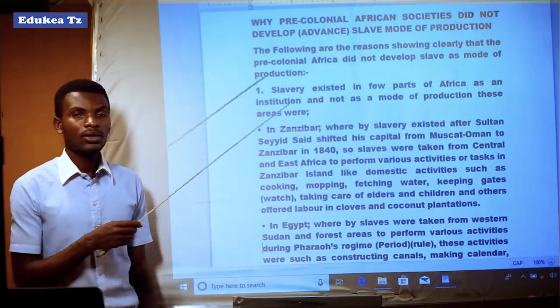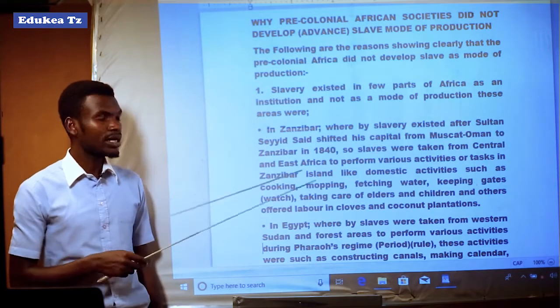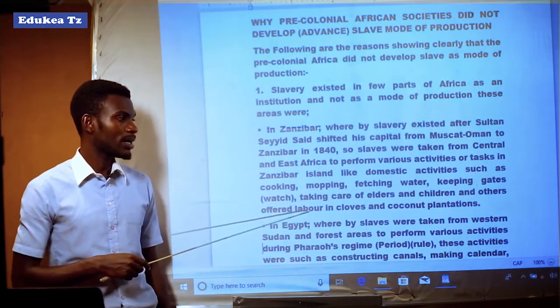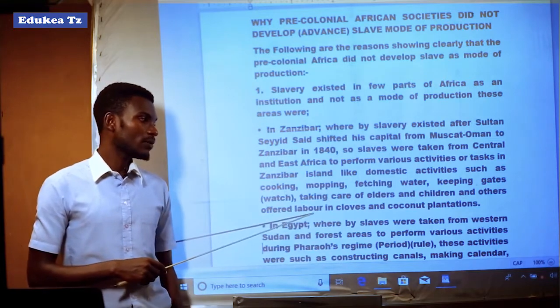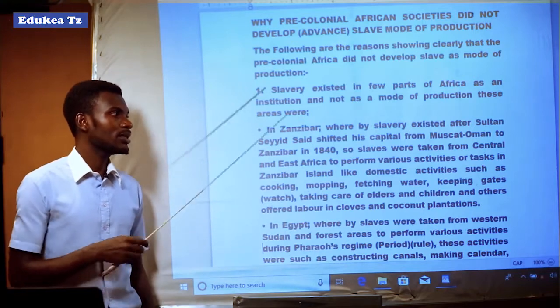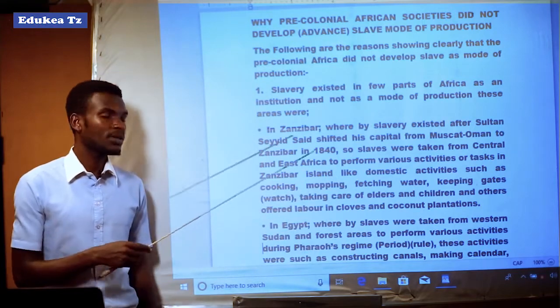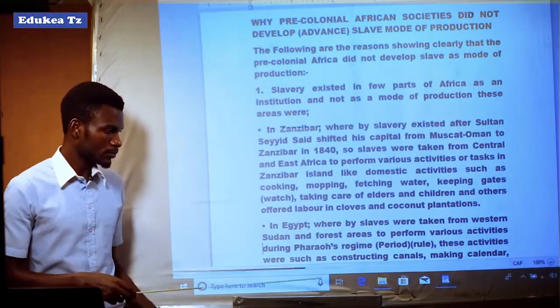So the slaves were used by the Sultan in Zanzibar to offer labor in the clove and coconut plantations and to take care of domestic activities as well as the relatives at home.